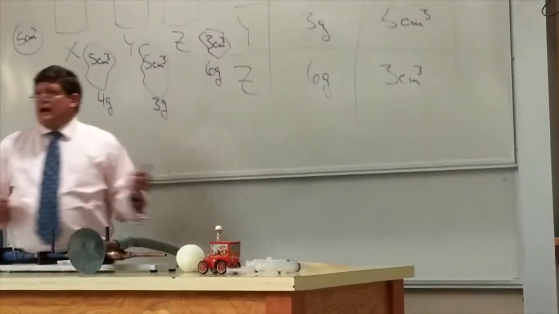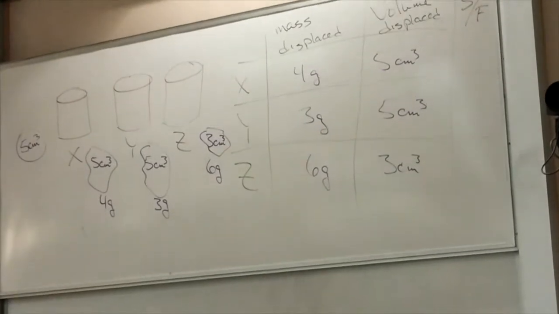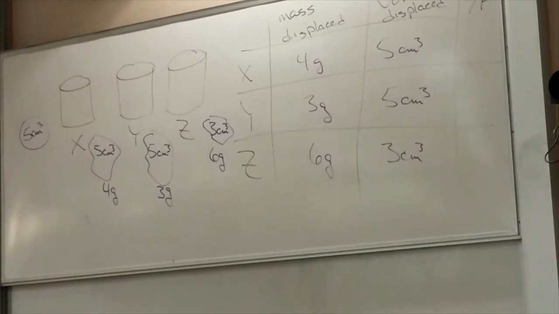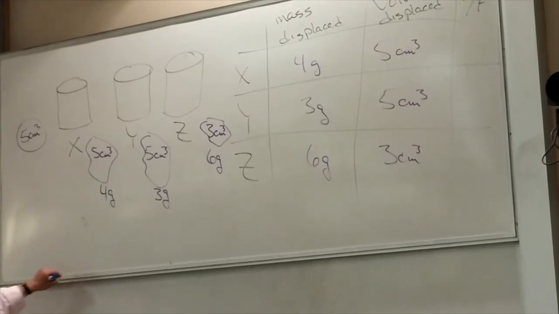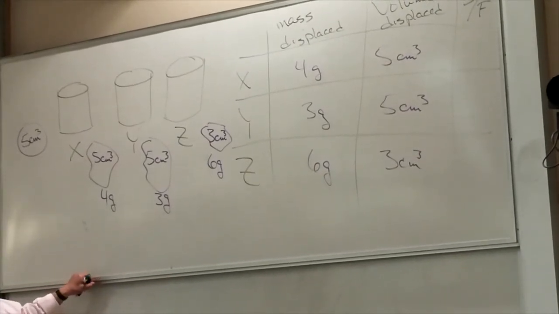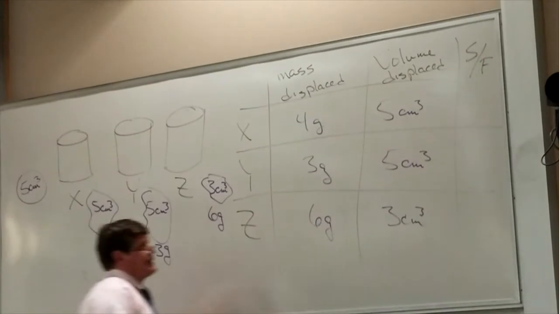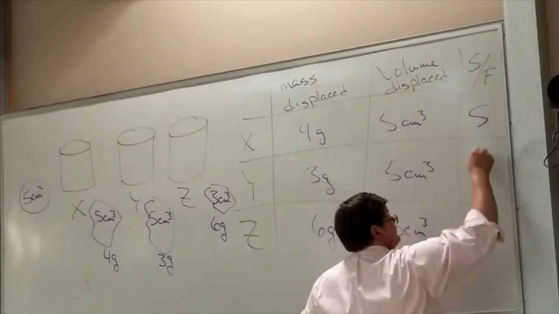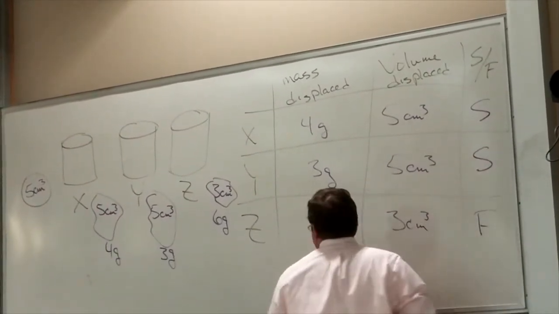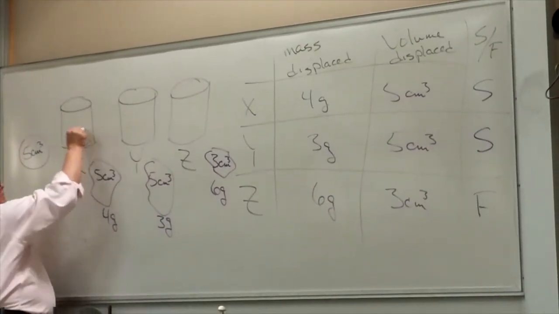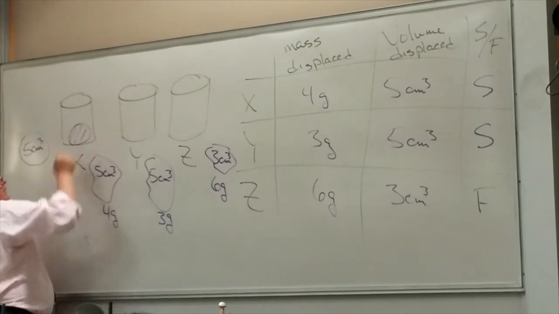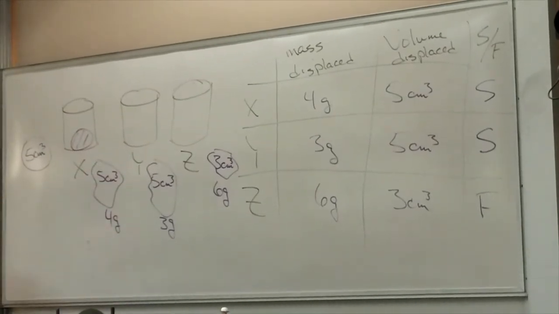And the first question we're asked is, in which of these buckets did the ball of clay sink? Well, which one? X and Y. Yeah, it sank here. It sank here and it floated there. And that's because when I put the ball at the bottom, where the ball is, liquid X used to be.